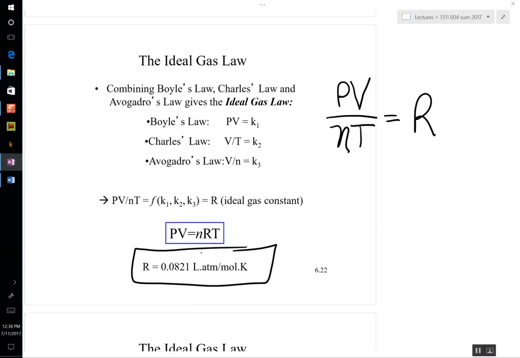They're all right there, staring you in the face. All right? So what do we do here? We multiply this by NT. And so we multiply this by NT. And what do we get? PV equals NRT.